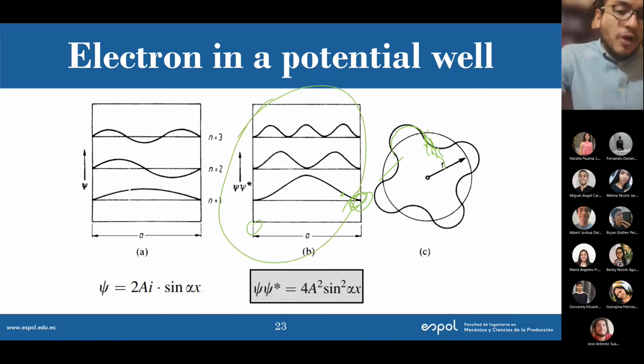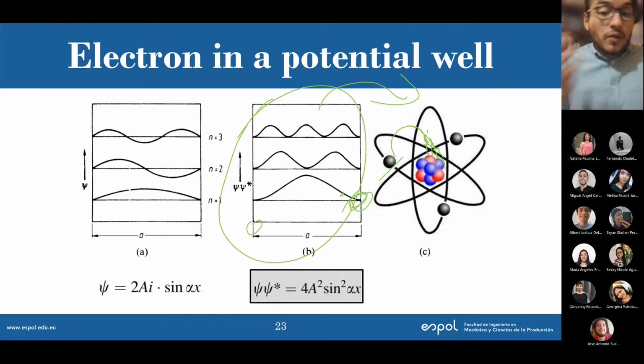So this is obviously more complicated, and I don't think it's worth the time to explain it, but the key part is that, depending on the probability of finding an electron, they said, okay, the electron moves around the nucleus this way, and that gave light to this model that we all know, the Rutherford model, the modern concept of how an atom is, and especially how electrons move around an atom. Okay.